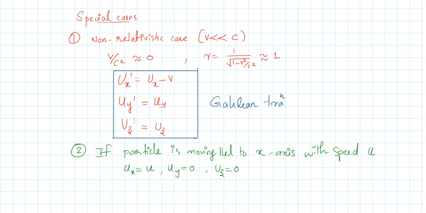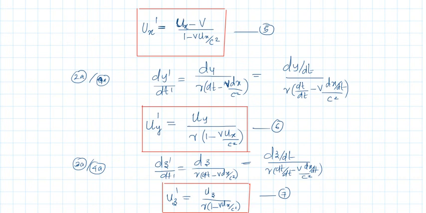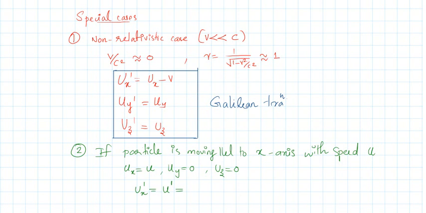Then we will get ux prime, or let me call that simply u prime, equal to u minus v divided by 1 minus uv by c square.